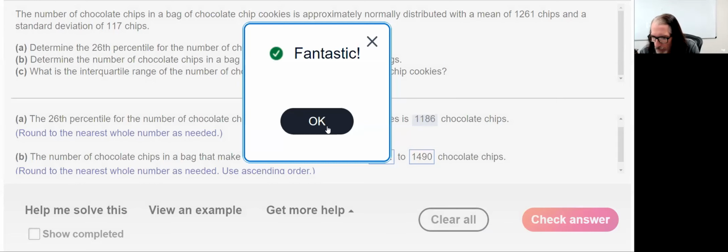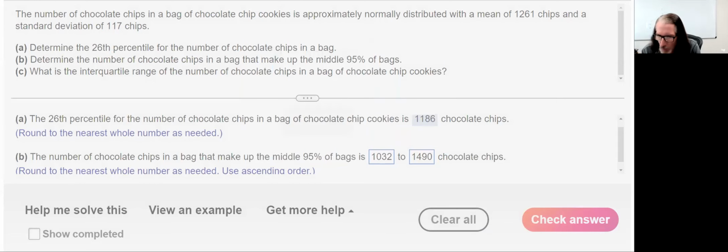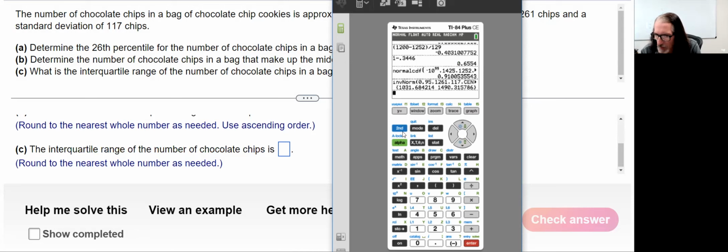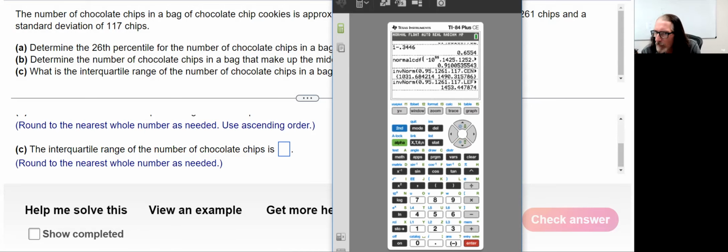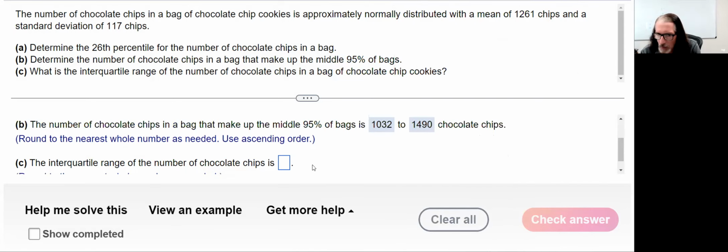But if I had found the left, some of the older calculators only have that. There is our lower bound.